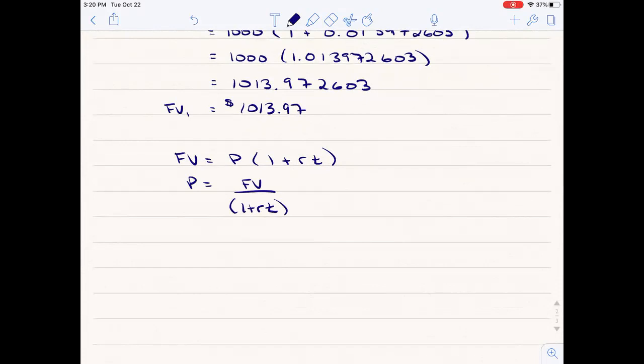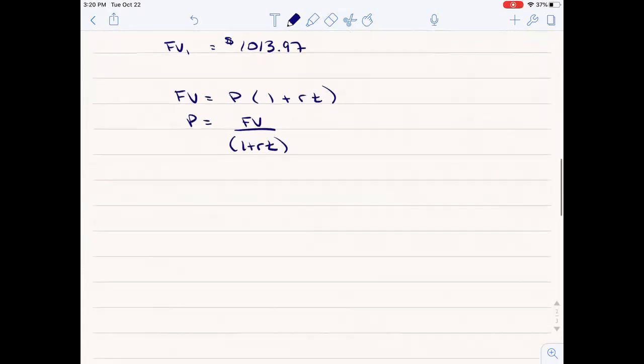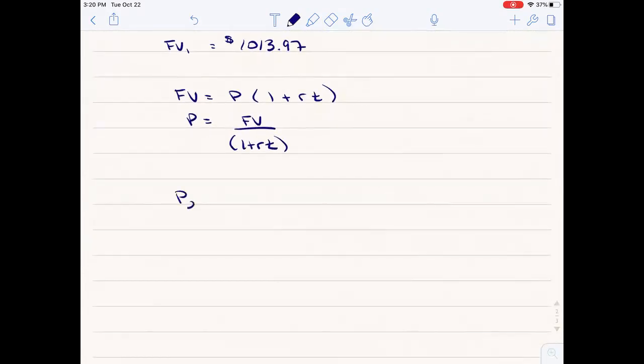Only because I'm about to use it twice, it's nice to have just the formula to plug things into. Because now I can say P2 is the future value of P2 over 1 plus R times T2, if we want to be specific.